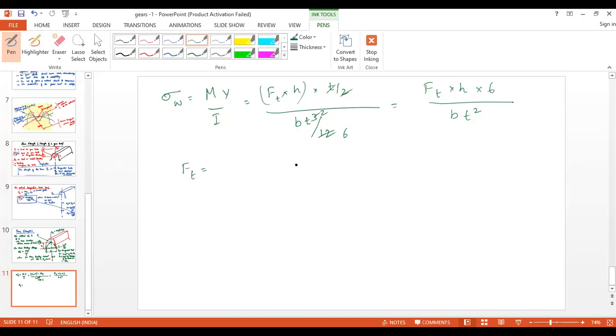So Ft is equal to sigma_b multiplied by b multiplied by t square, divided by 6h.